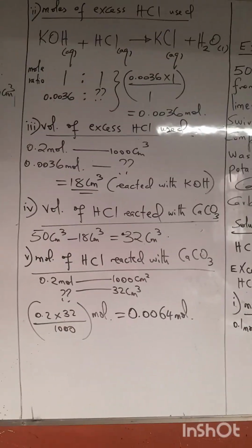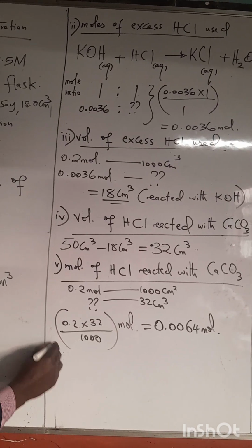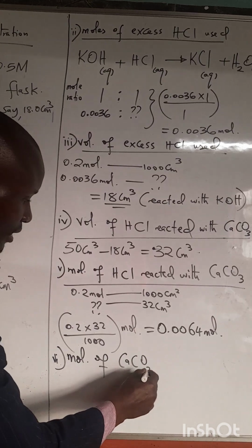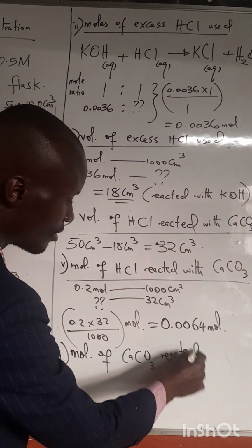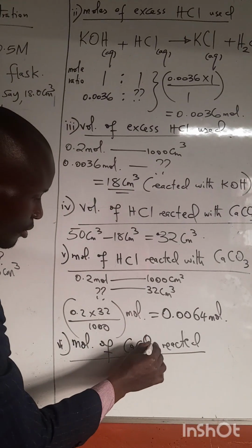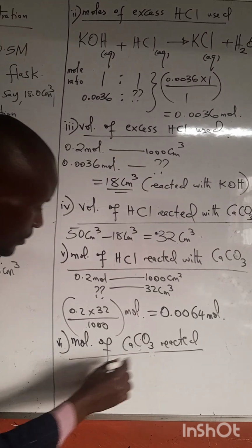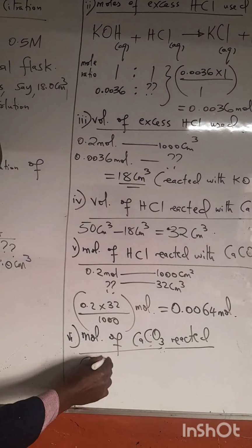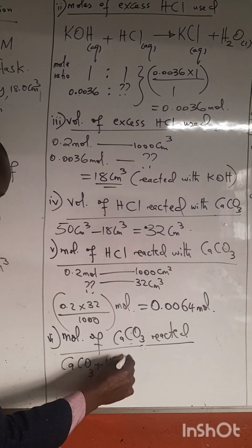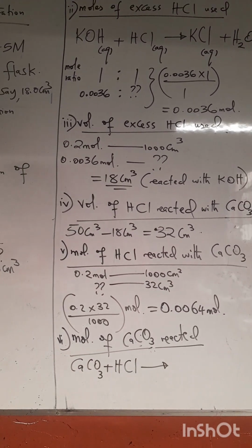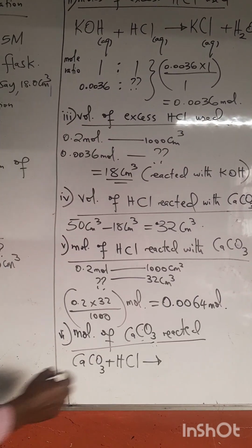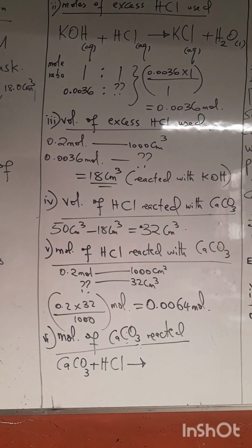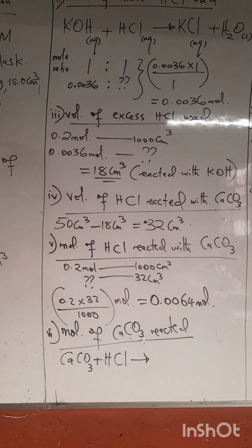So, moles of calcium carbonate that reacted. You use an equation. Calcium carbonate plus HCl. We know from our Form 1 knowledge that a carbonate reacting with an acid gives salt, water, and carbon dioxide, isn't it?